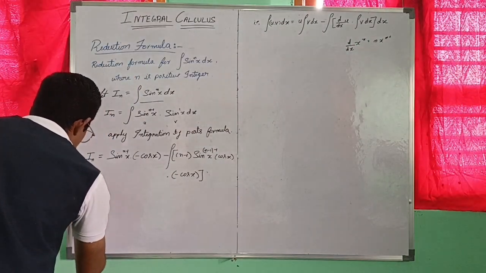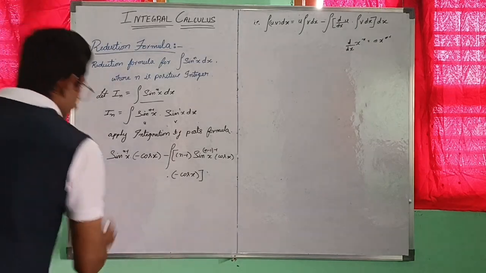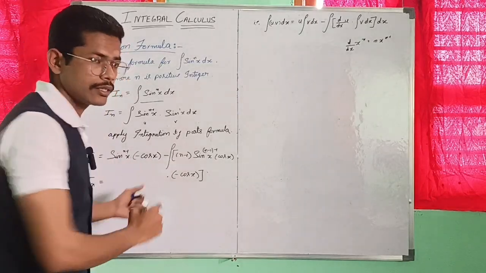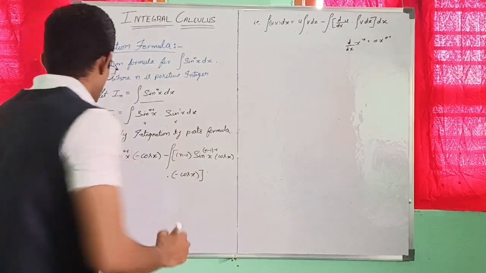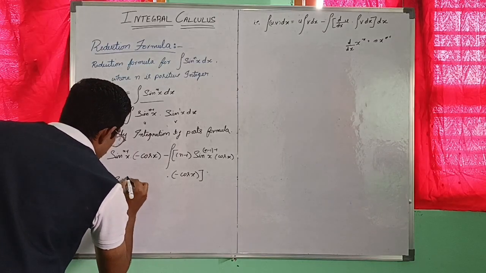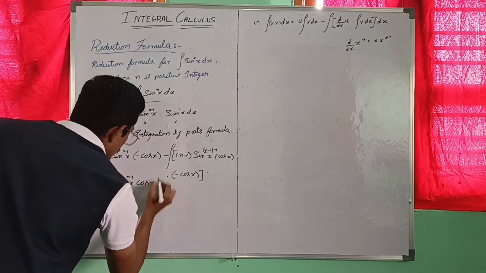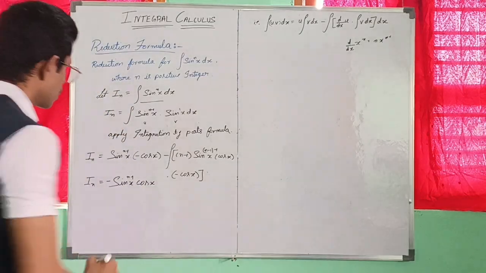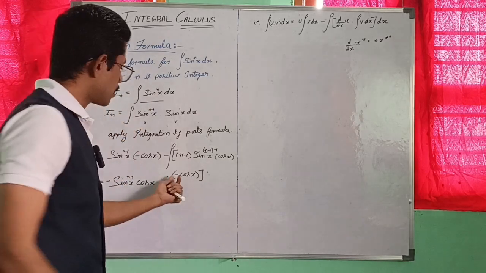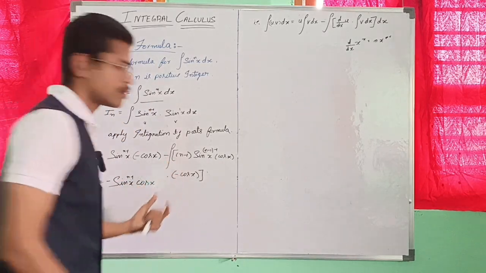Now let us simplify this. I_n equals, here there is a minus, so we can take it outside. That is minus sine power n minus 1 x into cos x. Minus, and there is another minus, so minus and minus become plus.